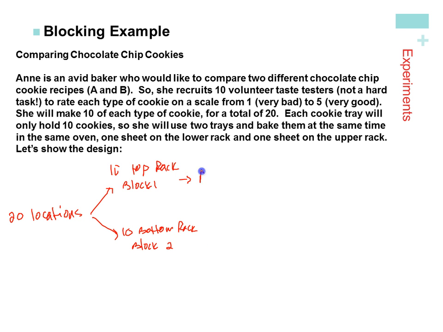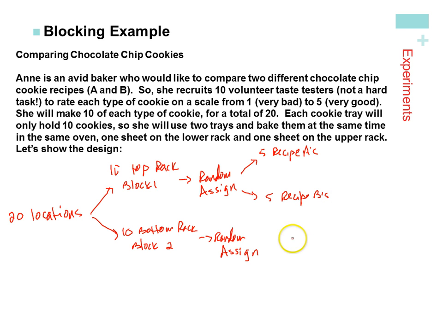Then I'm going to randomly assign. We don't randomize until once the blocks are created. So I'm going to randomly assign 5 recipe A's and then 5 recipe B's into those locations.